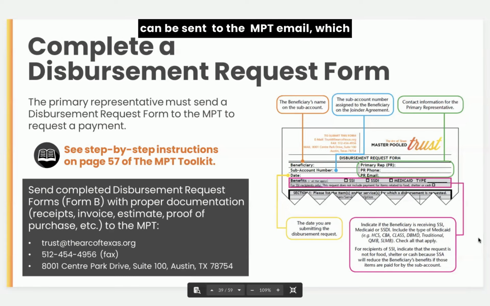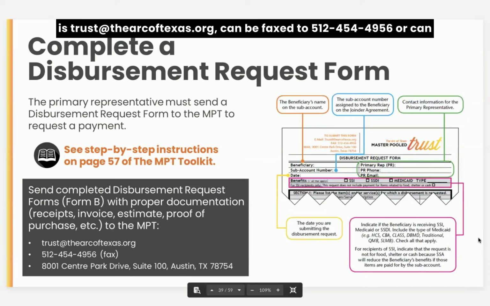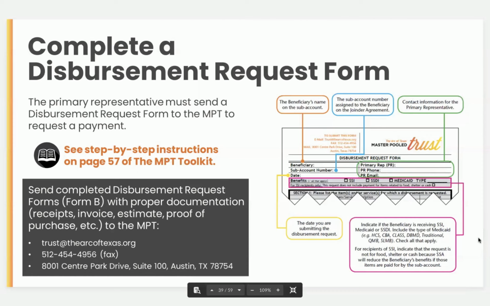Those can be sent to the MPT email, which is trust@thearcoftexas.org, can be faxed to 512-454-4956, or can be mailed to 8001 Center Park Drive, Suite 100, Austin, Texas 78754.